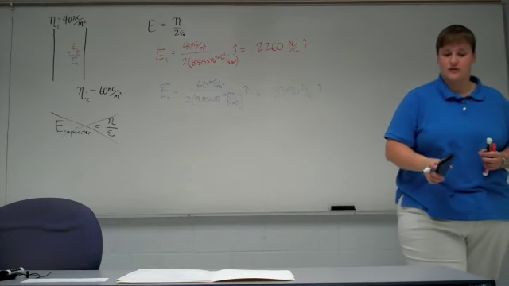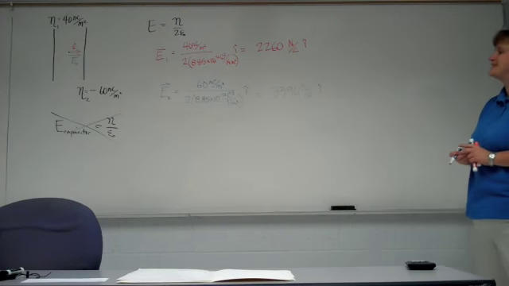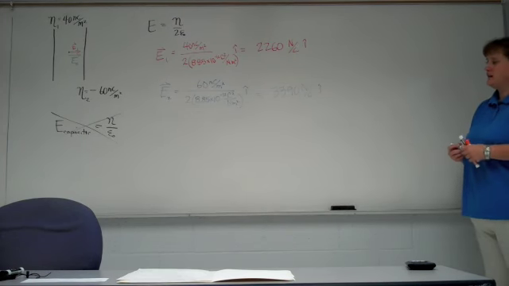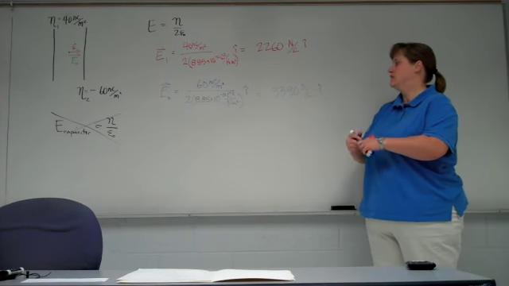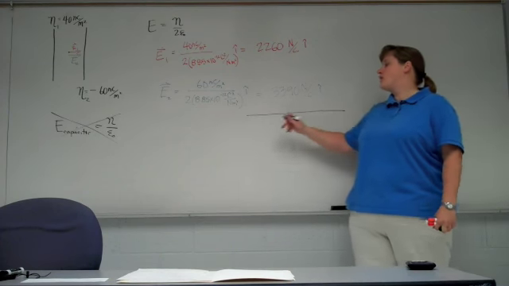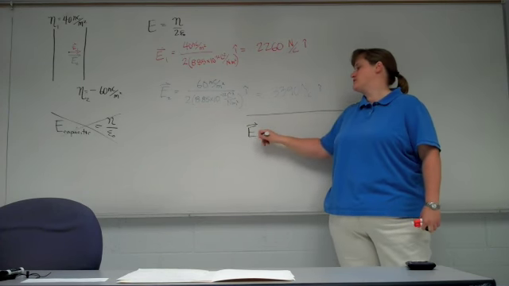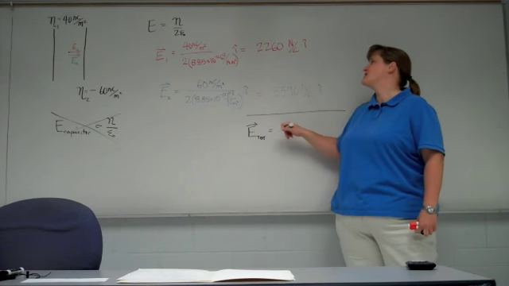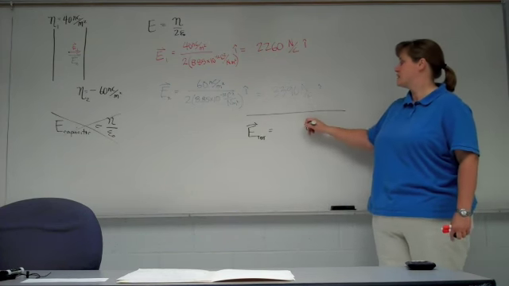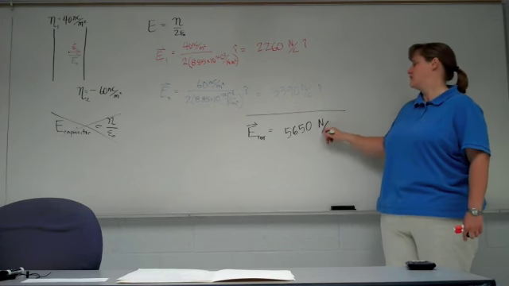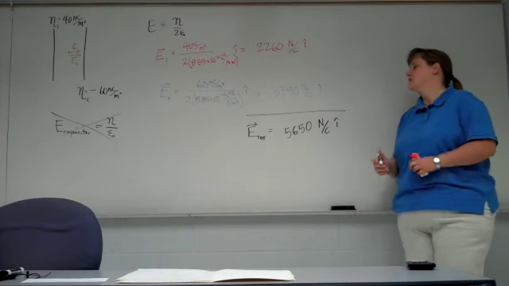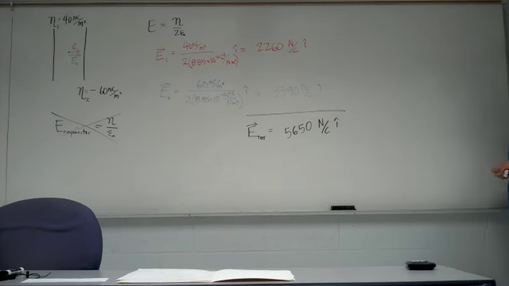So it has a value of 3,390 newtons per coulomb in the x direction. So the total electric field between those two plates is simply the sum of these, 5,650 newtons per coulomb.